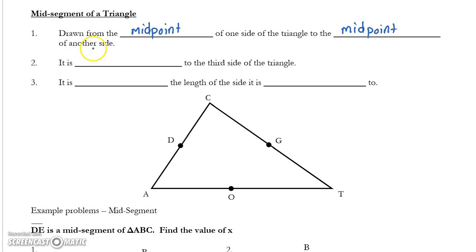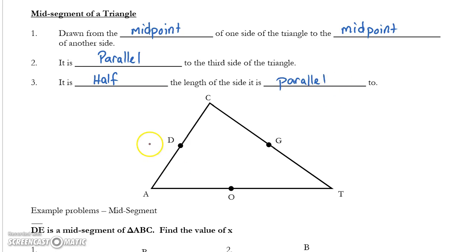So I'm going to connect one side to another, and I'm definitely connecting at midpoints. Second property, it is parallel to the third side of the triangle. And the third property is that it is exactly half the length of the side it is parallel to.